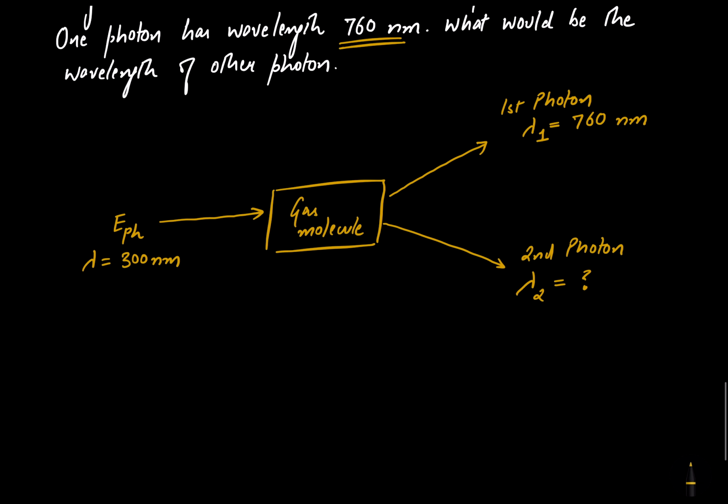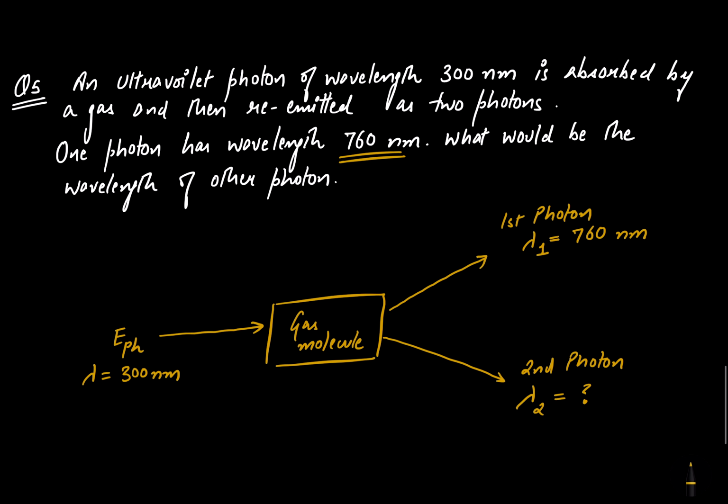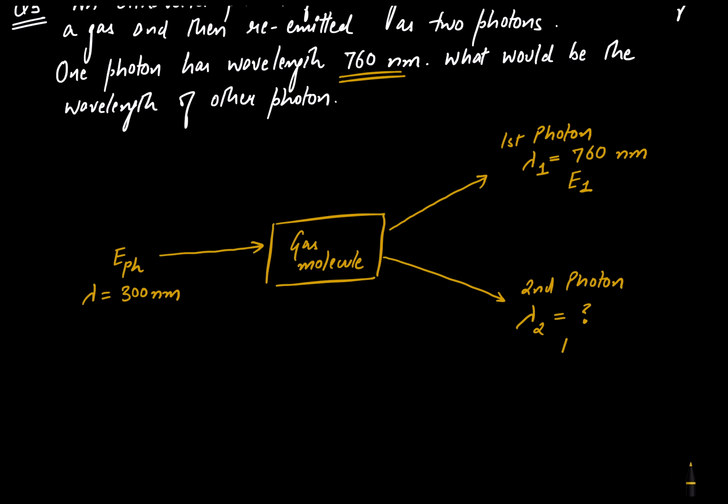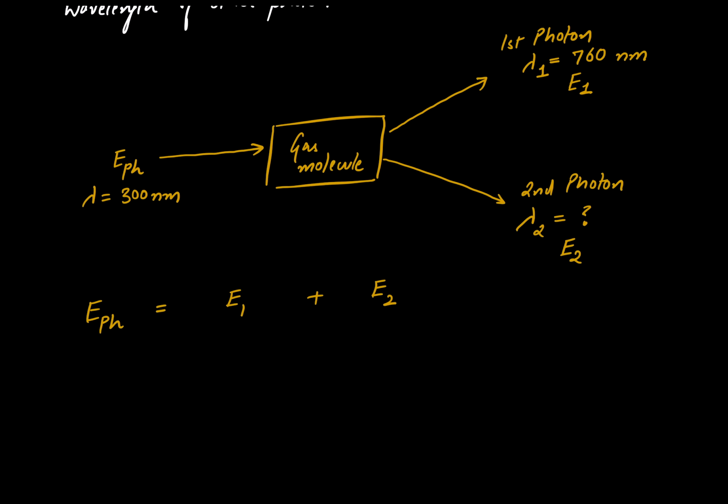So how will we solve this numerical? Let the first photon have the energy of E1, and let's assume the energy of second photon to be E2. So I'm writing energy of photon will be equal to E1 plus E2. So let's substitute the formula.